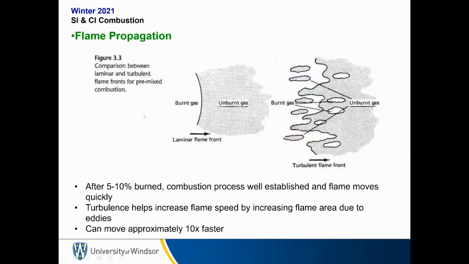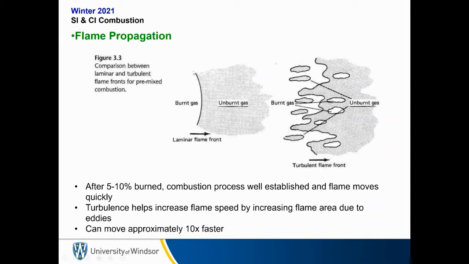Once we're out of the initial flame development stage, we're into flame propagation. After about 5 to 10% of the fuel is burned, the combustion process is well established and the flame moves quickly. Turbulence then starts to impact the flame, increasing the flame area through turbulent eddies, and the flame can move approximately 10 times faster when it's turbulent.